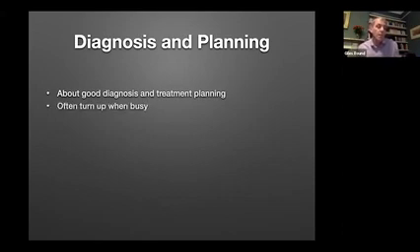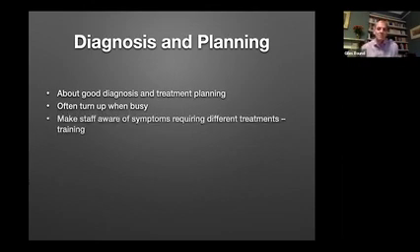We've said before that these patients turn up normally when we're busy, and we tend to get some inappropriate appointments booked in our books. But this is where your staff come in really important. And this is where staff training is really important. If you can train your staff to know what these patients might need, train them to know the simple, is it going to be an irreversible pulpitis?